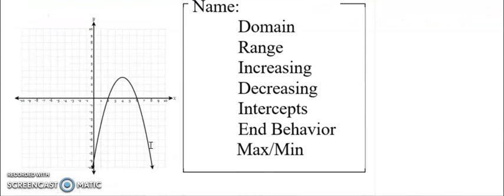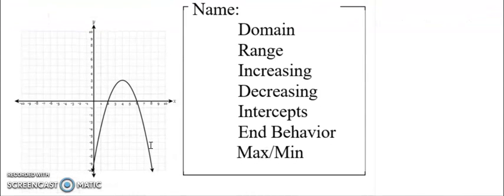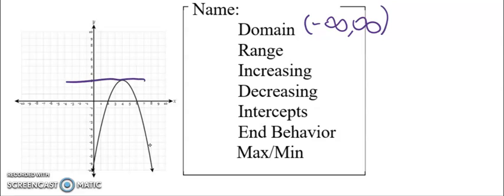So let's see if a parabola is any different. It acts the same way an absolute value does. Here we have domain, all real numbers again. The range has an ending point. We stop at 3.